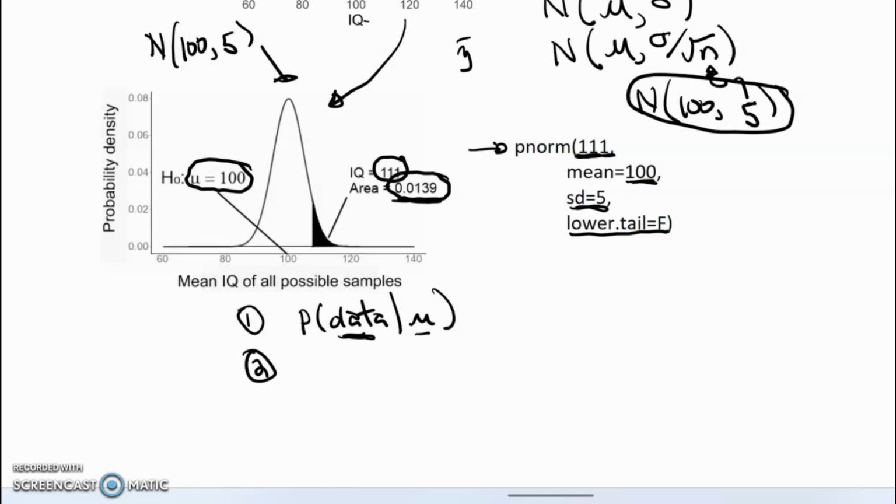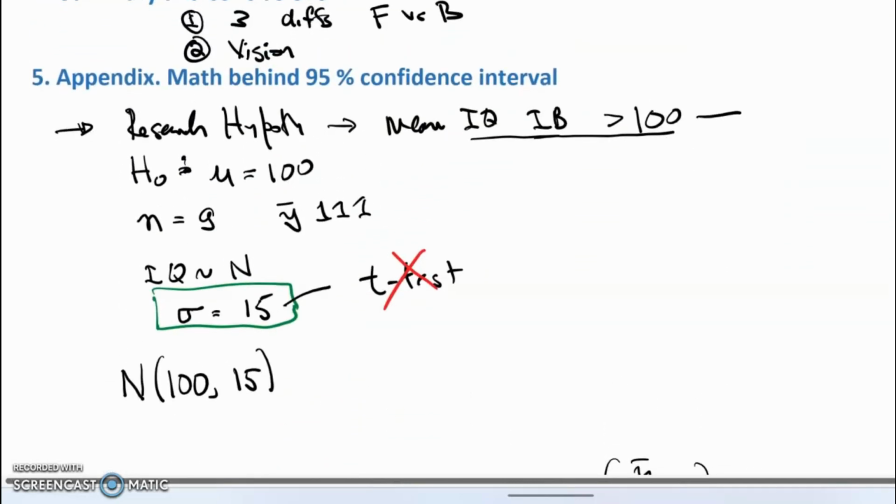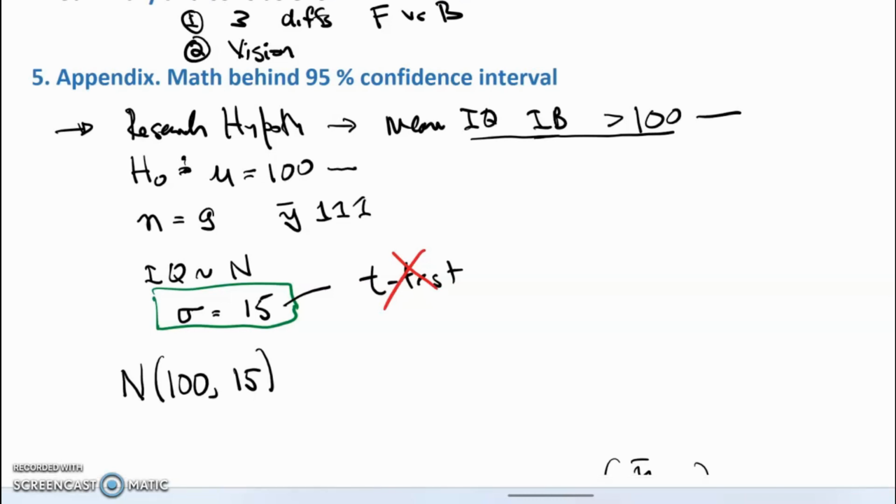The second thing is this whole process is rather indirect. So we started off with a research hypothesis. We posited a null hypothesis that contradicted the research hypothesis. We got some data.